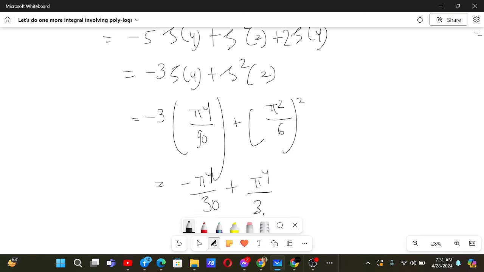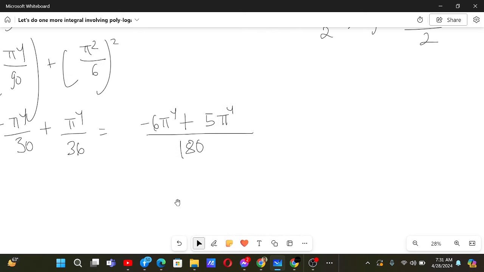Taking the LCM, which is 180, 30 times 6 is 180, so minus 6 pi to the power 4; 36 times 5 is 180, so 5 pi to the power 4. And finally we get the answer: minus pi to the power 4 by 180.